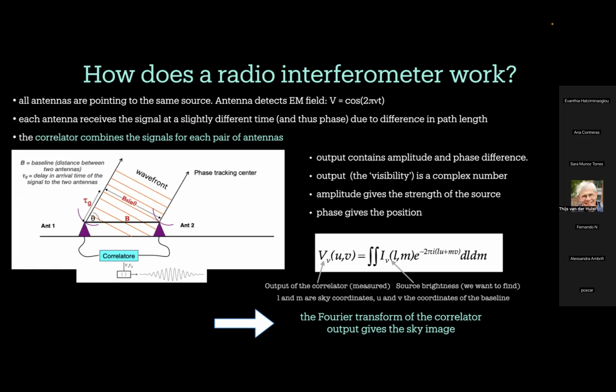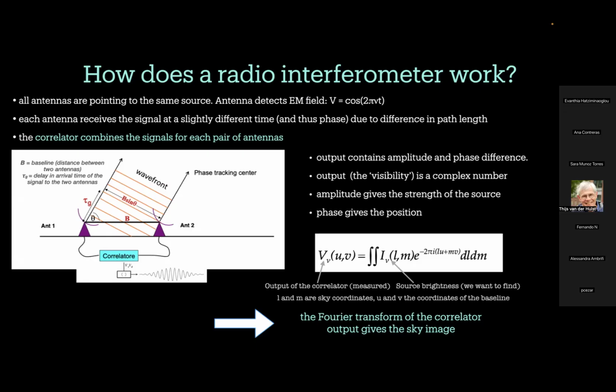The wavefront arrives earlier at one dish compared to the other dish. This is a time difference, but you can also say it's a phase difference. There is this sinusoid coming, and the angle of the sinusoid is different here than there. So there is also a phase difference. So the output depends on two things, an amplitude and a phase, an angle.